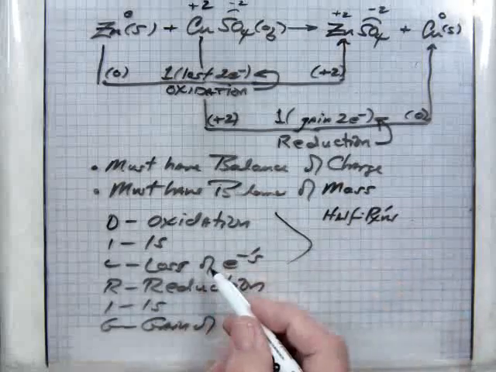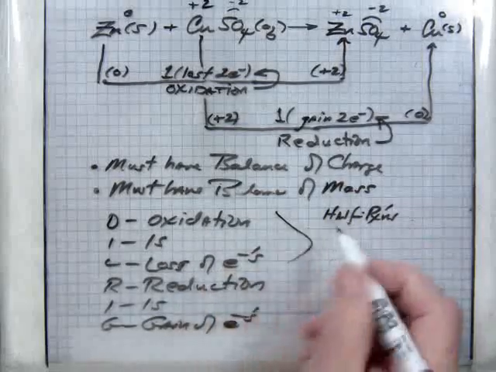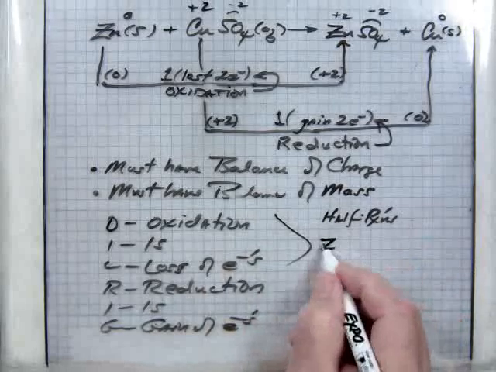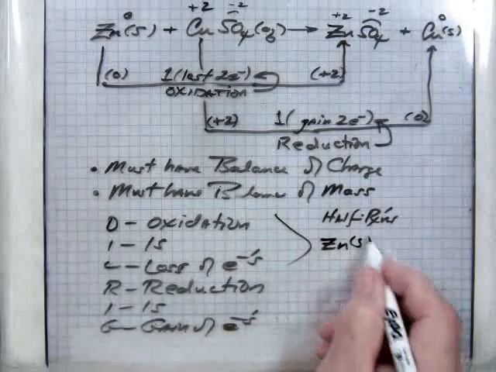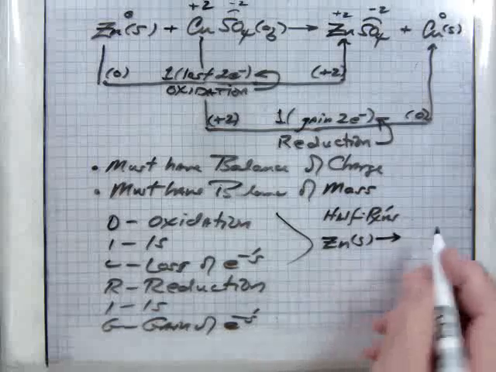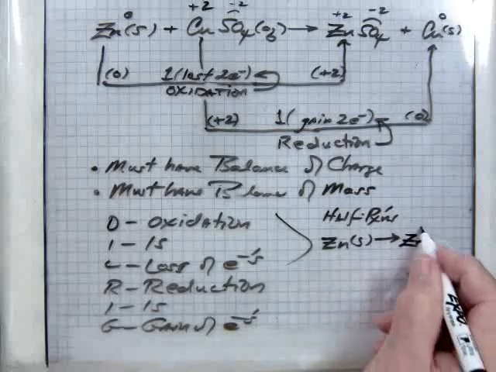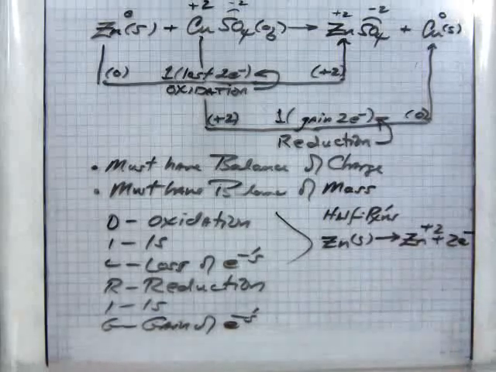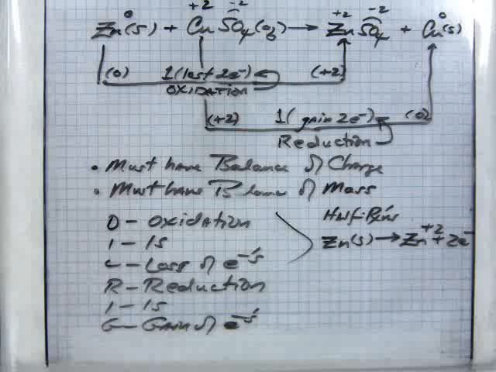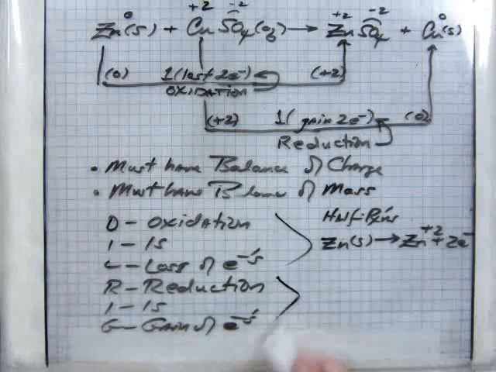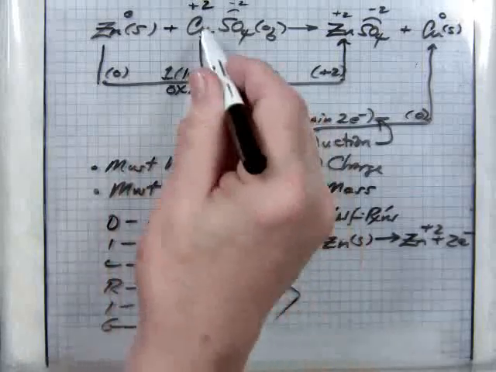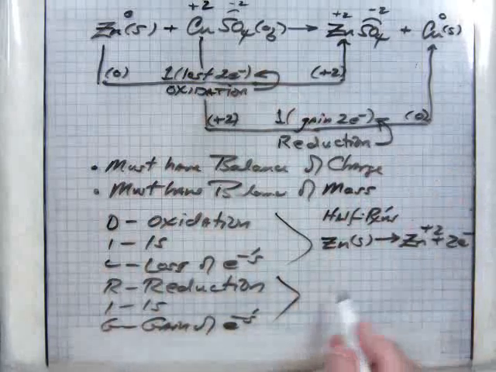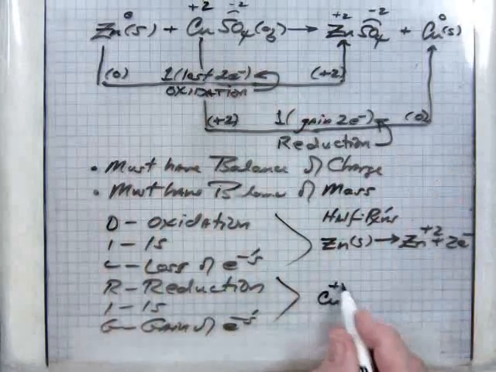Oxidation, being loss of electrons, is called the oxidation half reaction. See, zinc goes to zinc plus 2 electrons. That's the oxidation half reaction. That's a process.